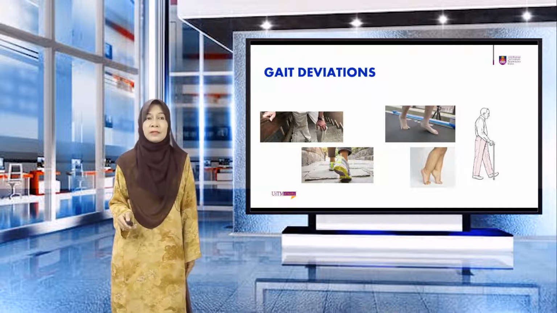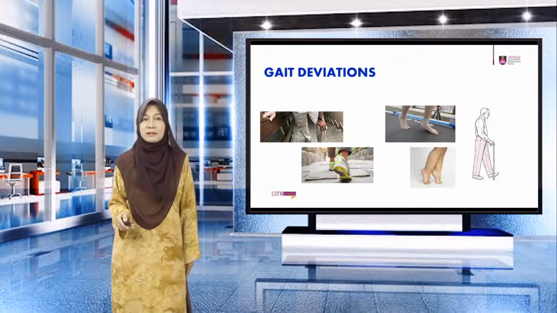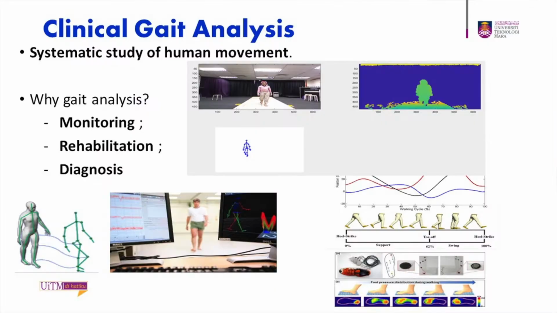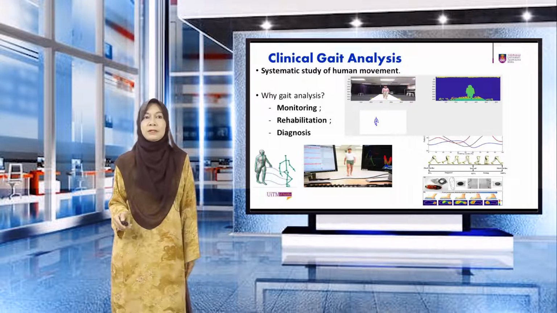In clinical gait analysis, what is being done is to analyze and study human movement. So what is gait analysis? When it comes to clinical gait analysis, it involves monitoring, rehabilitation, followed by diagnosing by medical experts.